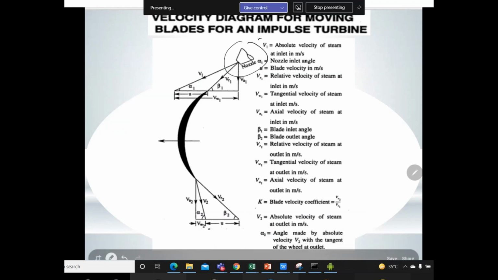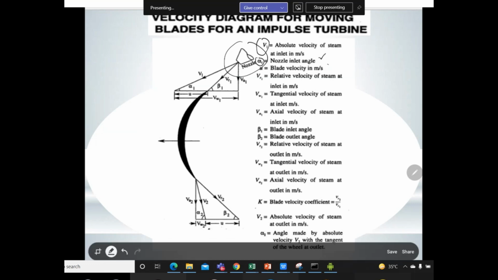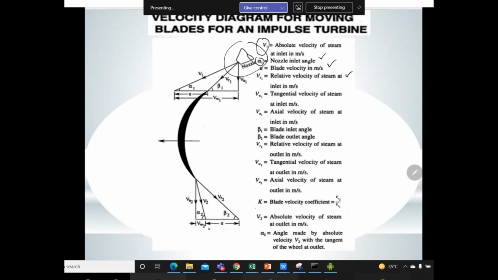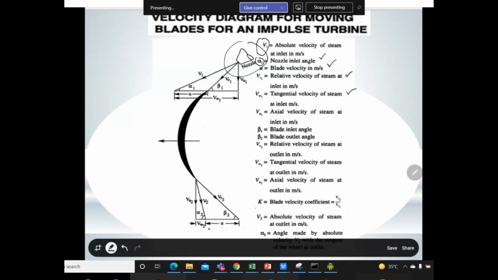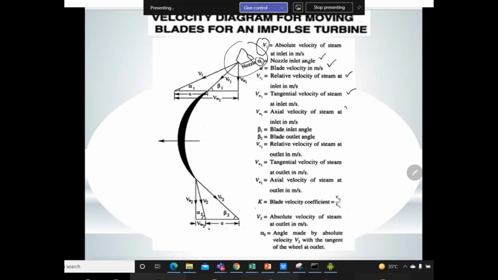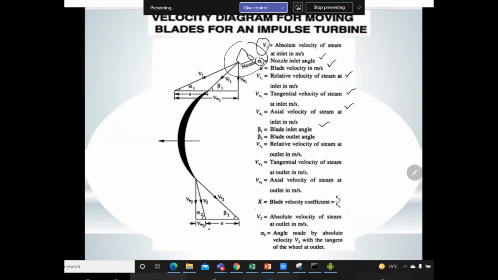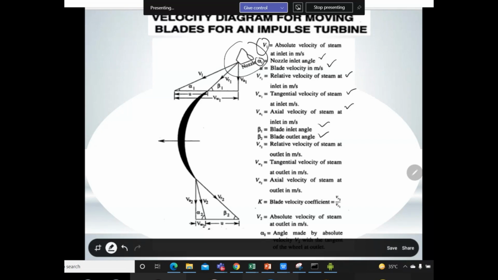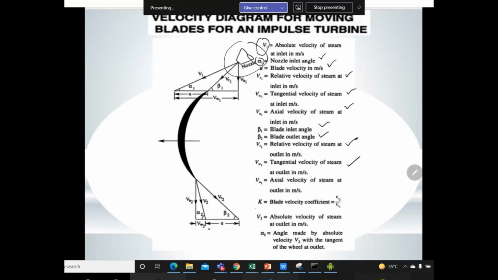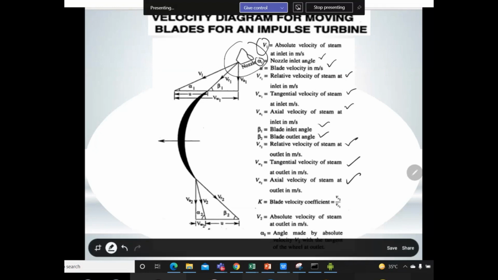All the parameters mentioned: V1 is the absolute velocity of steam, alpha 1 is the nozzle inlet angle, U is the blade velocity, VR1 is the relative velocity of steam at inlet, VW1 is the tangential velocity of steam at inlet, or you can say whirl velocity as well, and VA1 is the axial velocity of steam at inlet. Beta 1 is the blade inlet angle, beta 2 is the blade outlet angle, VR2 is the relative velocity of steam at outlet, VW2 is the tangential velocity of steam at outlet, VA2 is the axial velocity of steam at outlet in meters per second.